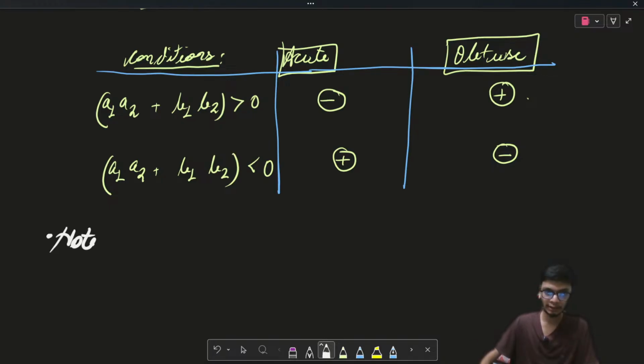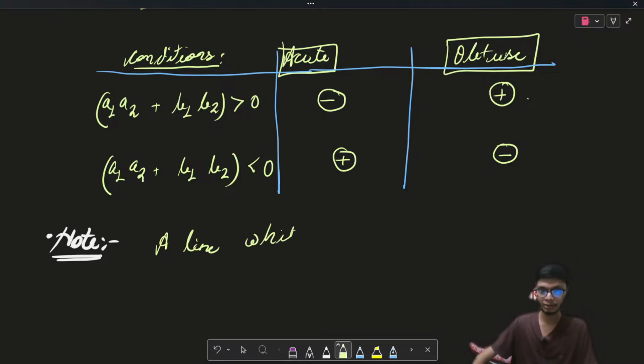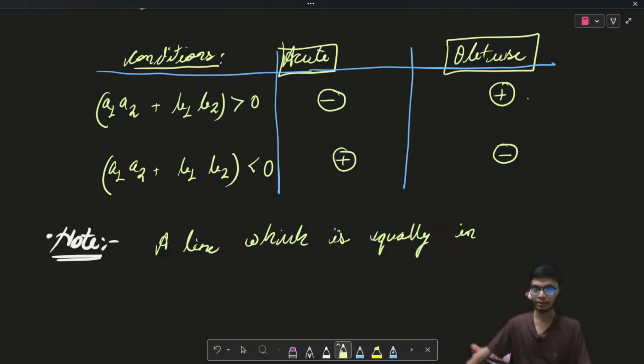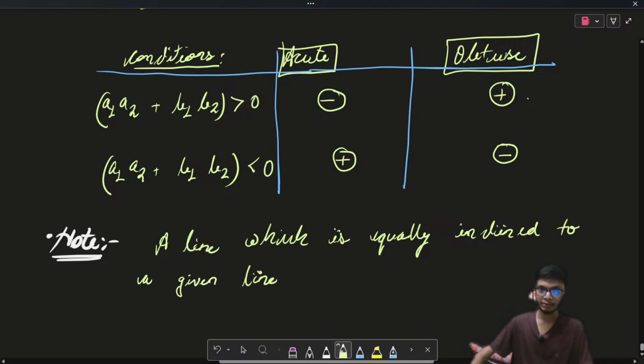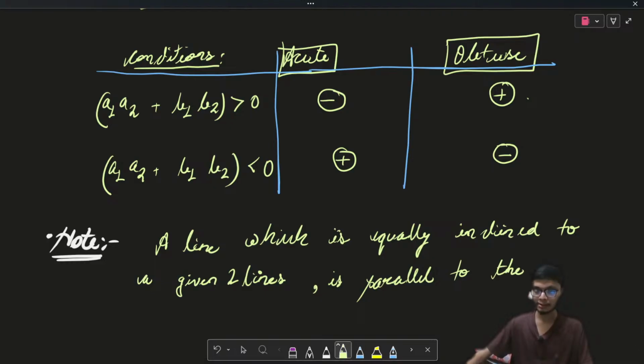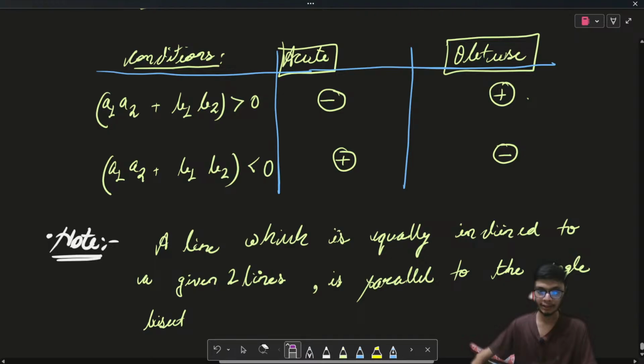This is a very important note that I would like to announce here: a line which is equally inclined to the given two lines is parallel to the angle bisector of the given lines.